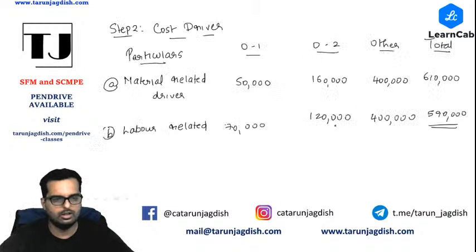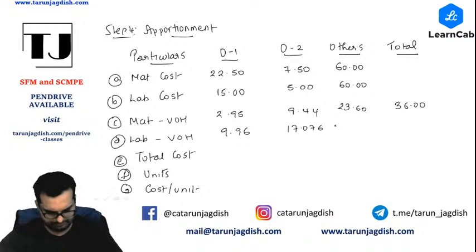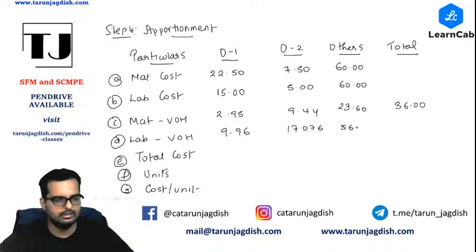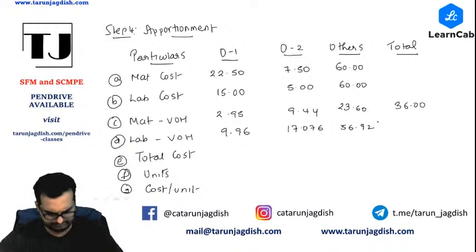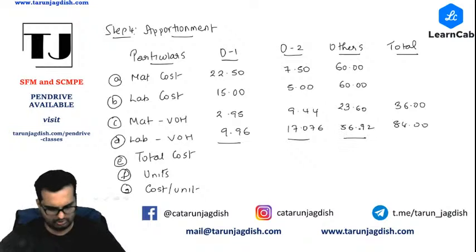And what about the last one? 4 lakh into 14.23. That is 56.92 lakhs. Let's add up all the three. We get the answer approximately as how much? 84 lakhs. Fine. From this now we can find out the total cost.